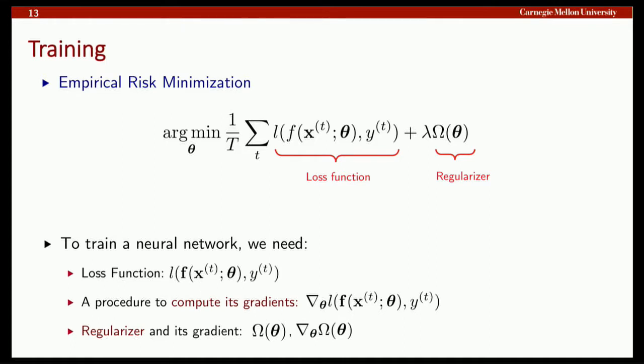We have to say what it is that we're optimizing. You have to specify a procedure for computing the gradients of the loss function with respect to the parameters of the neural network. And we also have to specify the regularizer and its gradients. Once we define all of these things, then we can do optimization and optimize the parameters of our model.